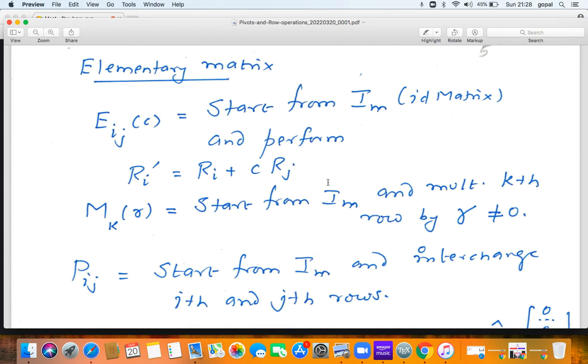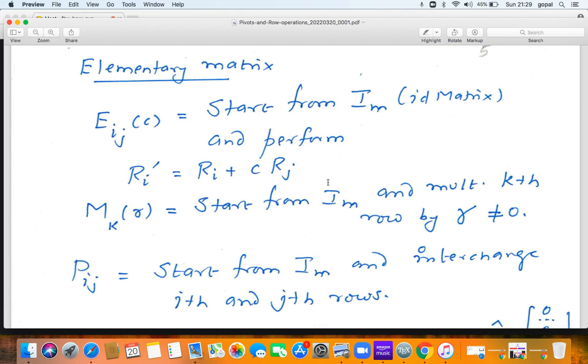What you do is you start with the m cross m identity matrix and multiply the kth row of the identity matrix by gamma, and you call that matrix M_k(gamma). So we say that M_k(gamma) is the elementary matrix corresponding to the elementary row operation, namely multiplication of the kth row by gamma.